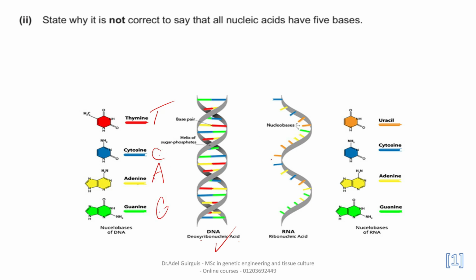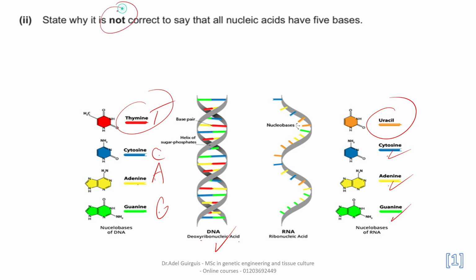While in single-stranded RNA, that is formed from a single strand only, there are only 4 bases: uracil instead of thymine, while the other 3 nitrogenous bases are the same as in DNA.